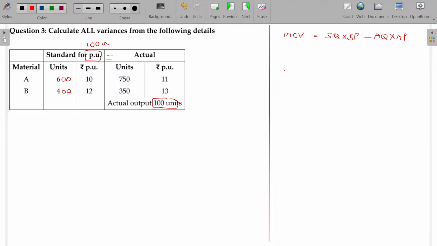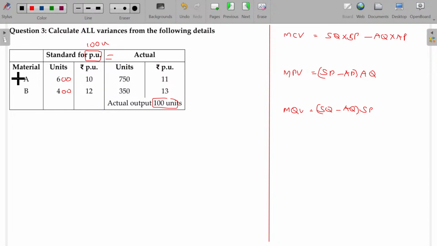Material price variance, standard price minus actual price into actual quantity. Material quantity variance, standard quantity minus actual quantity into standard price.